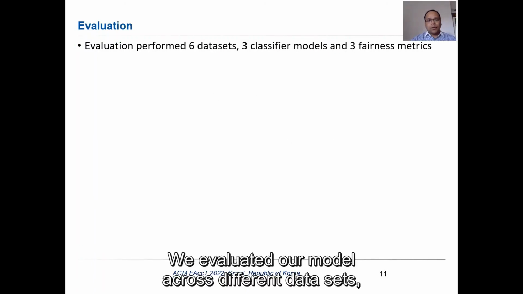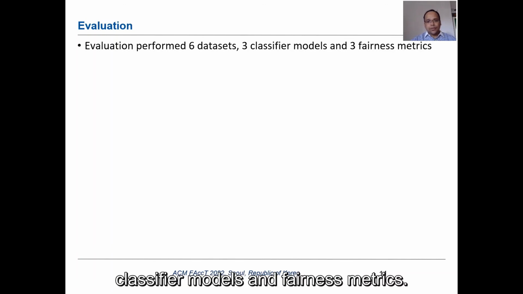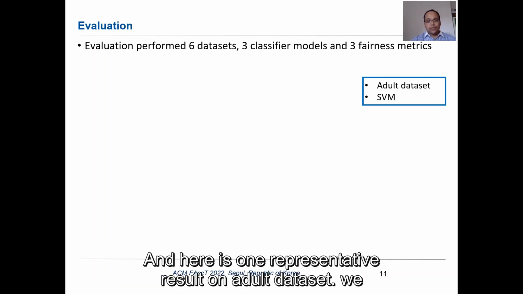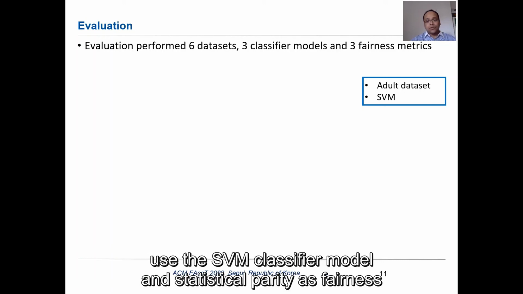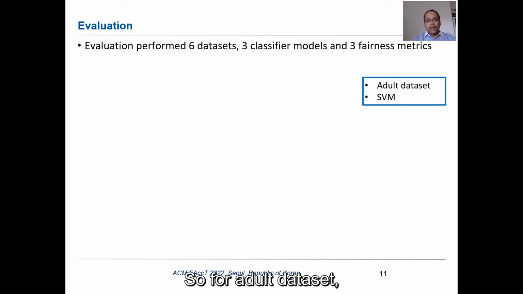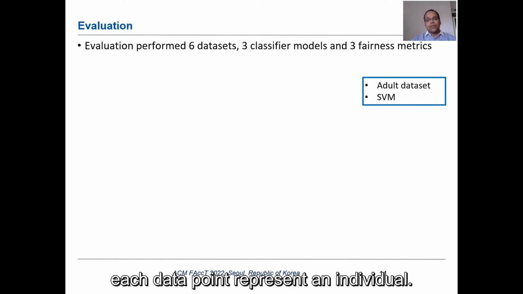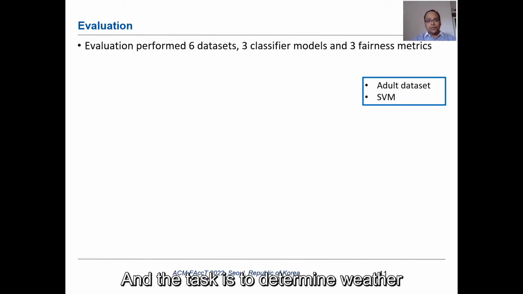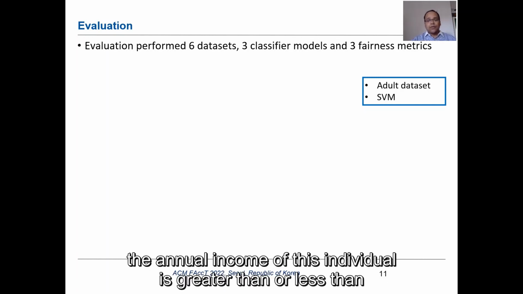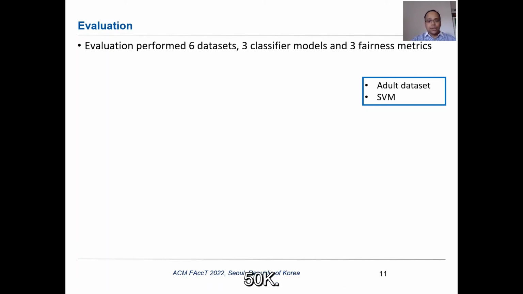We evaluated our model across different datasets, classifier models, and fairness metrics, and here is one representative result. On the adult dataset, we use the SVM classifier model and statistical parity as the fairness metric. For the adult dataset, each data point represents an individual, and the task is to determine whether the annual income of this individual is greater than or less than 50K.